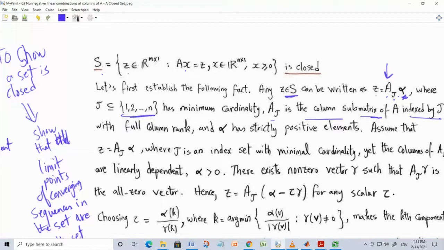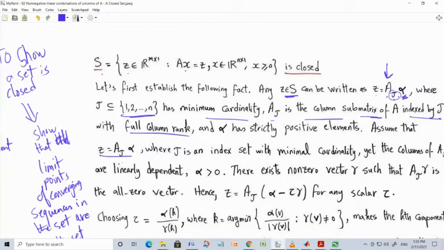But now we are making a stronger claim that this index set has minimum cardinality, and also that AJ is full column rank, which means that the remaining columns are all linearly independent. So to show this, let's do it by way of contradiction.